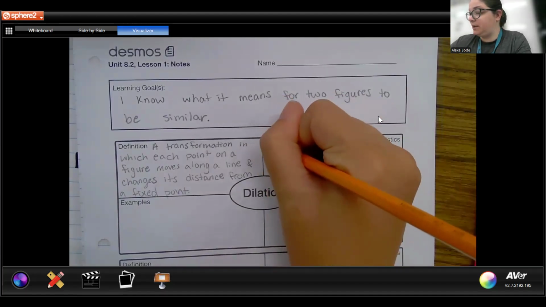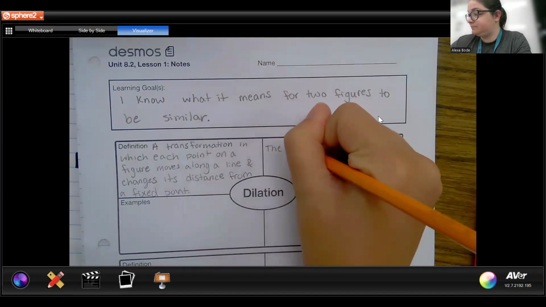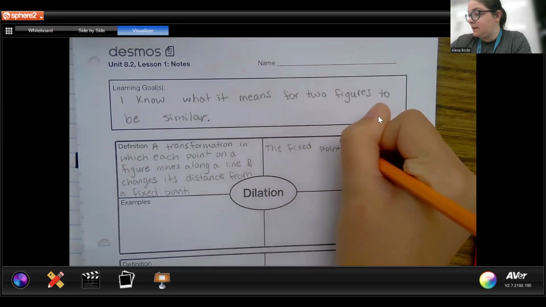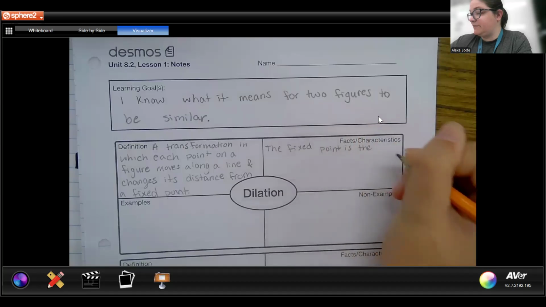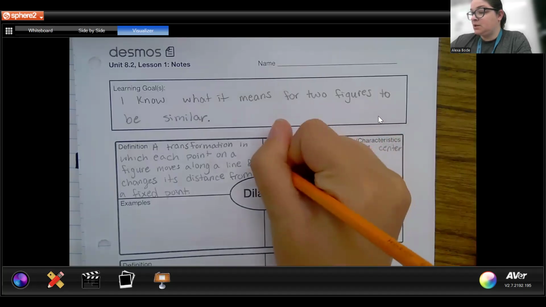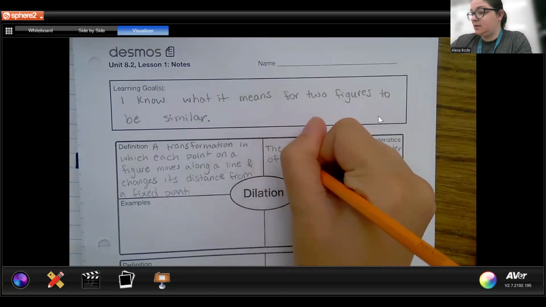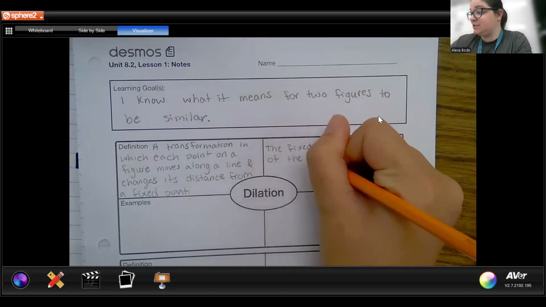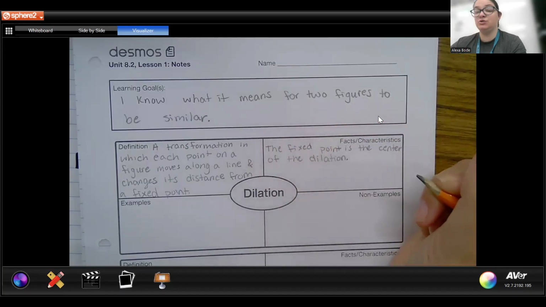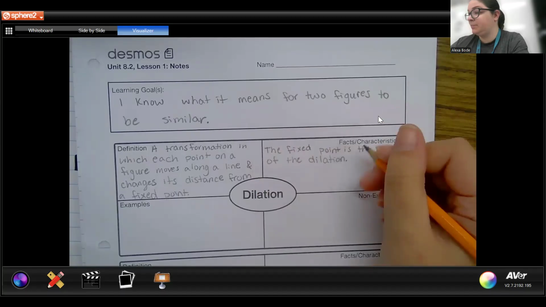So the fixed point is the center of dilation. So just like rotations had a center of rotation, dilations also have a center that you do have to define when talking about it.